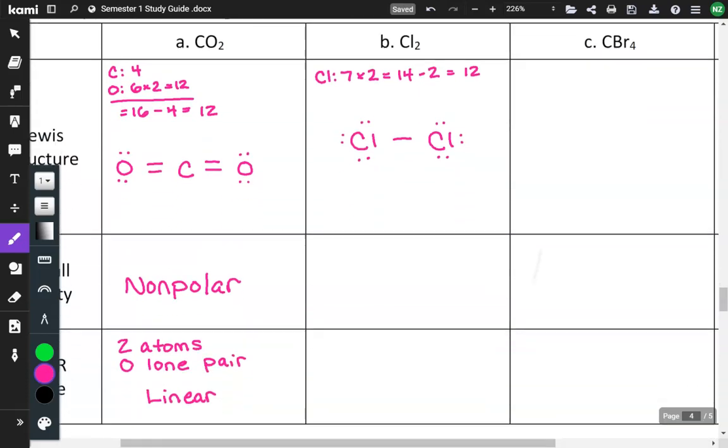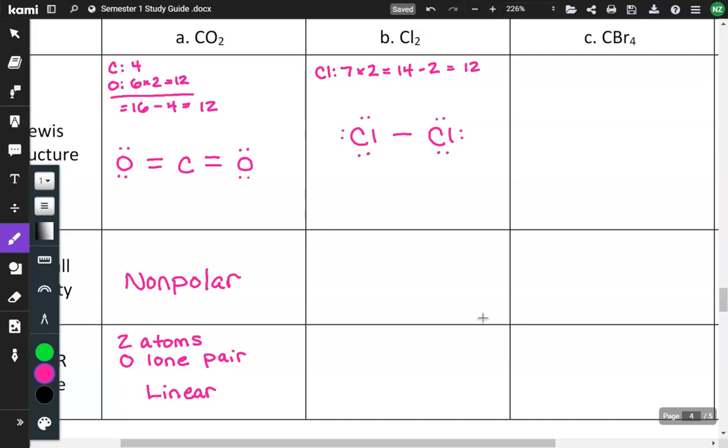Now there are only 2 atoms, so there isn't a central atom. When you have 2 atoms, it's like a tug of war, where you have 2 things pulling against each other. In this case, they're both chlorine, so they're pulling with the same amount of force in opposite directions. So that will make this nonpolar. When you only have 2 atoms, the only shape that is possible is linear.